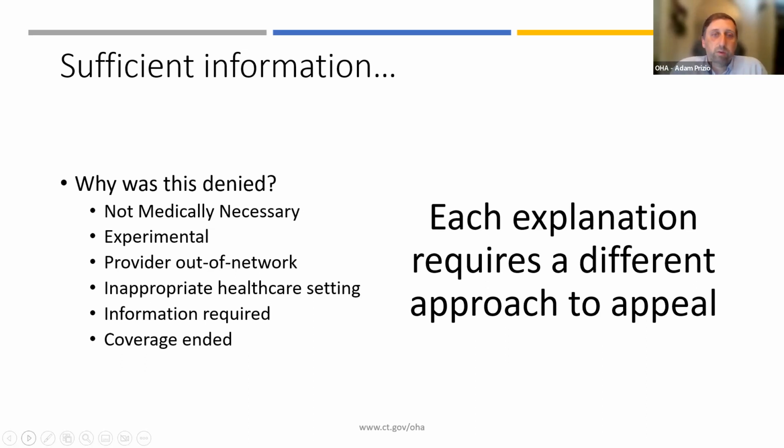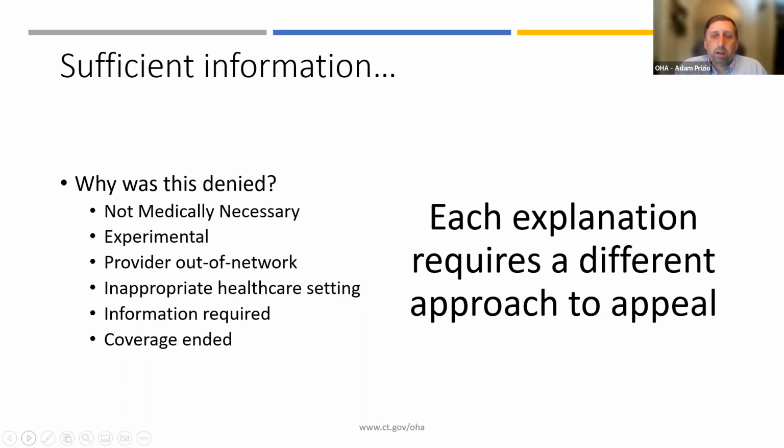Sometimes they'll deny by saying that a procedure or a treatment is experimental. And typically what that means is that they're saying there isn't yet enough history with this treatment to say that it could be covered for whatever condition you're talking about.